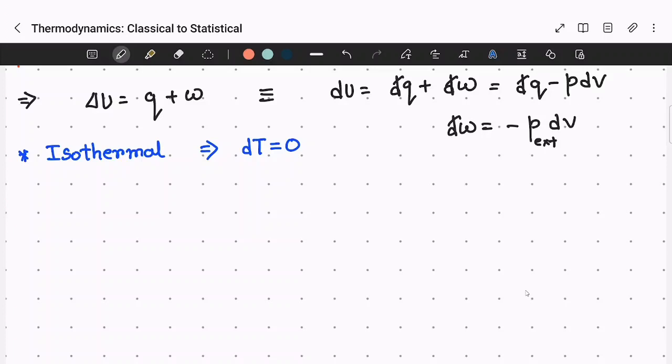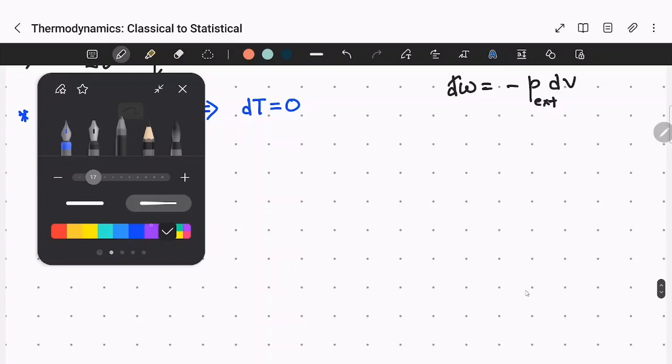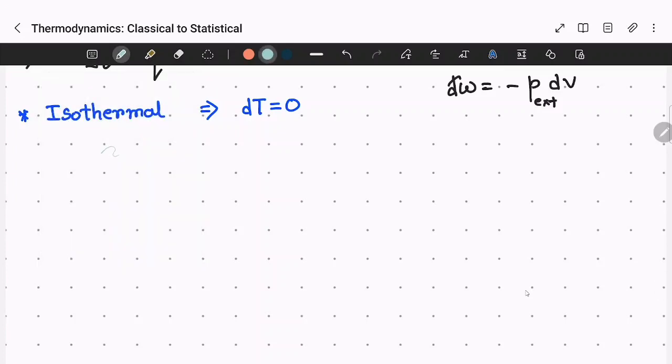So you can write here that temperature T is related to U, internal energy. For ideal gas we can evaluate some form, but for the general case, for real gas, we don't know how. But we can say that it's related.